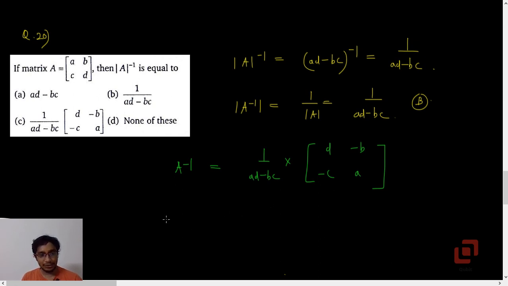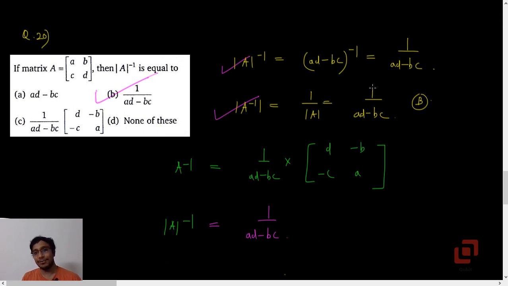They have actually asked us to find the reciprocal of the determinant. Now determinant of A is AD minus BC, so its reciprocal will be 1 upon AD minus BC. So that is option B. Even if they had asked us to find the determinant of A inverse, it would have been 1 upon determinant of A. We know that.